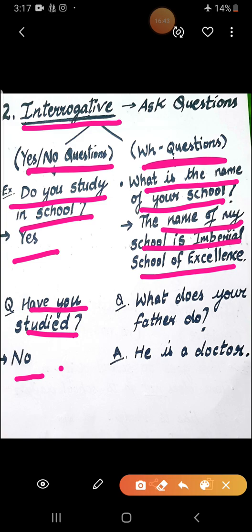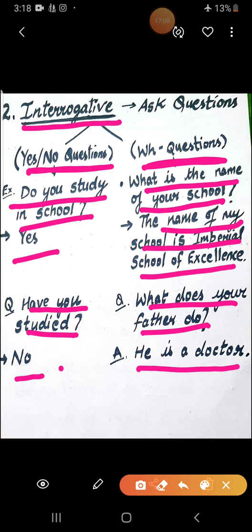What does your father do? So according to you, whatever your father does, you can write here. I have written he is a doctor. You can write he is a teacher, or whatever he is, you can write here. But here you have to frame a sentence. You can't give answers in just one word.